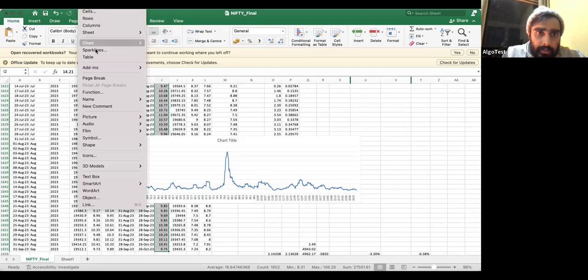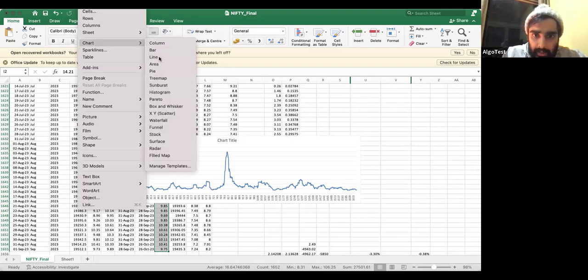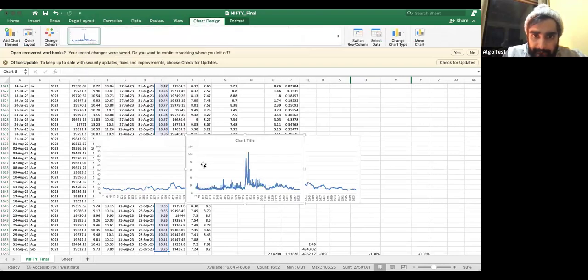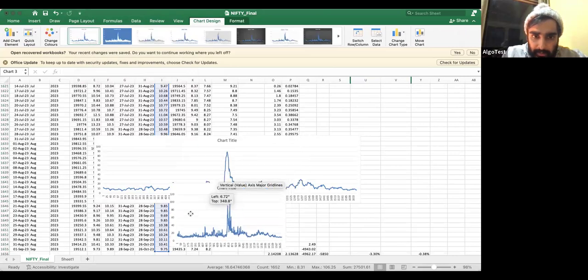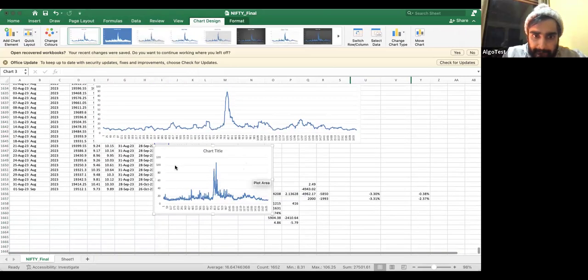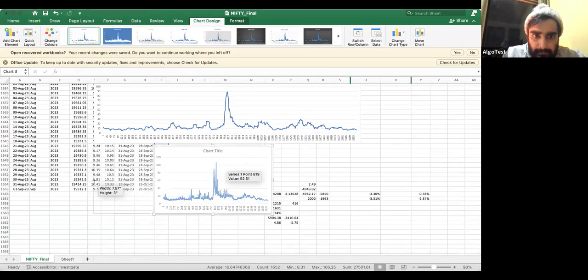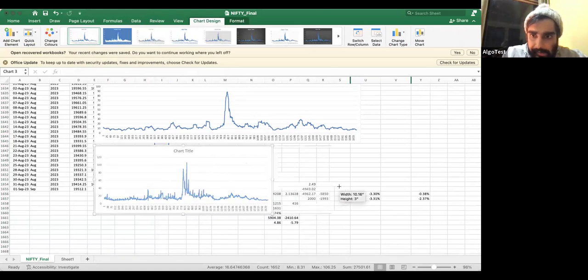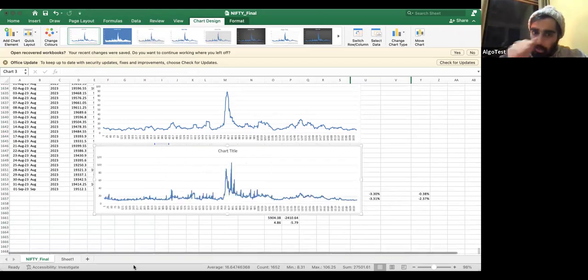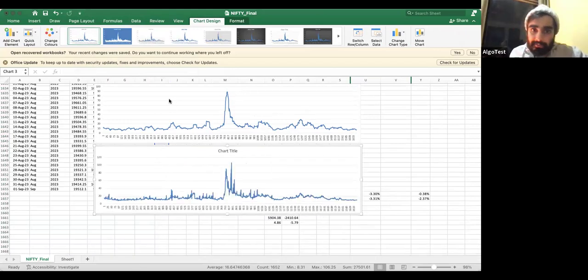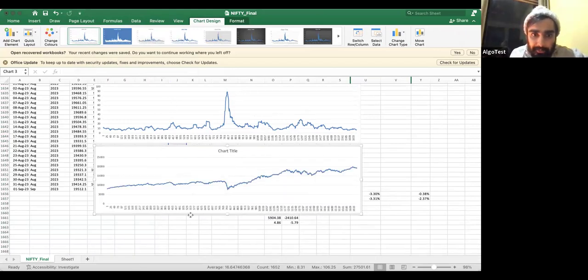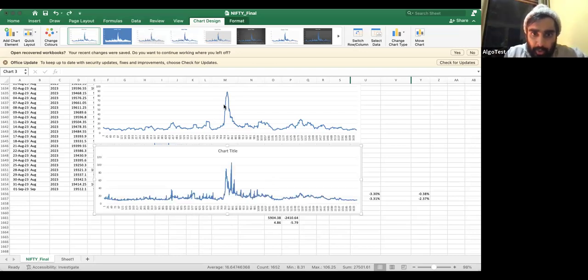Insert chart line. दोनों को सेम उस पे ले आते हैं. So now this above is the realized volatility. Below is the implied volatility.